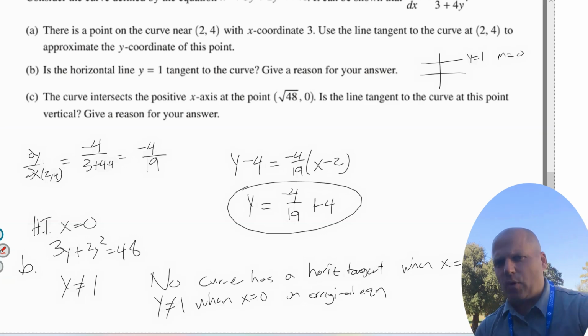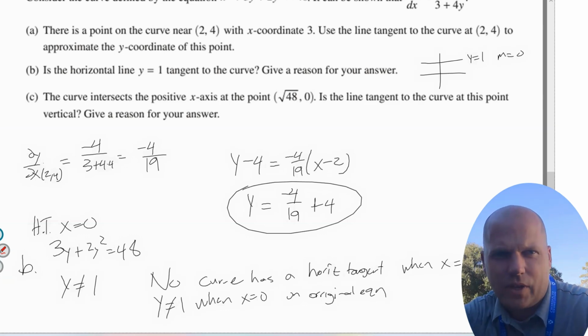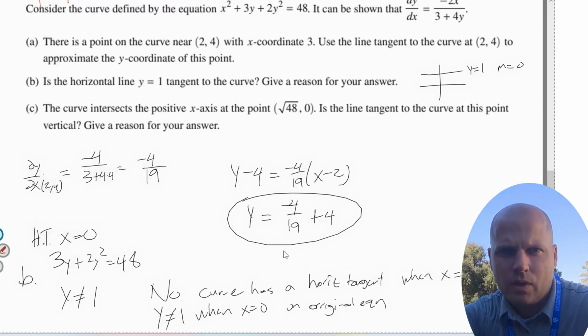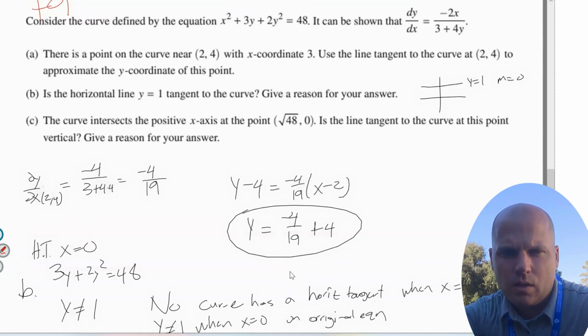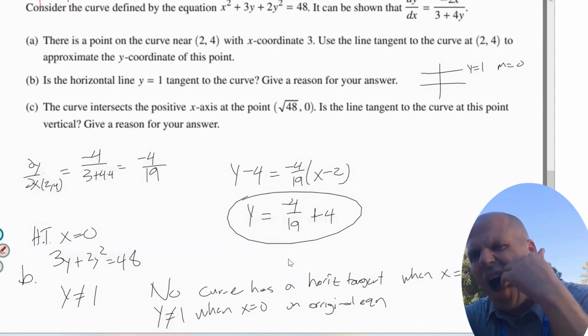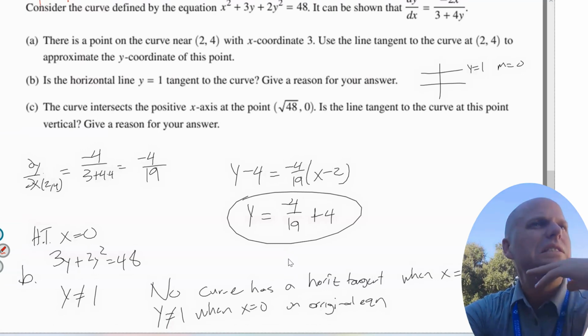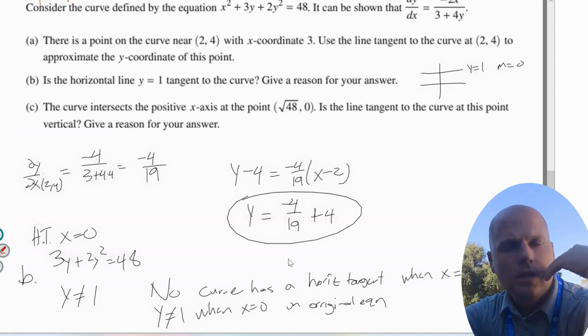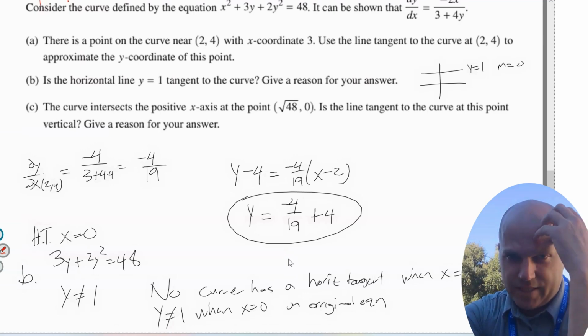Something to the point of that. You don't even have to find what the y is, though I think it's possible. But that's it.